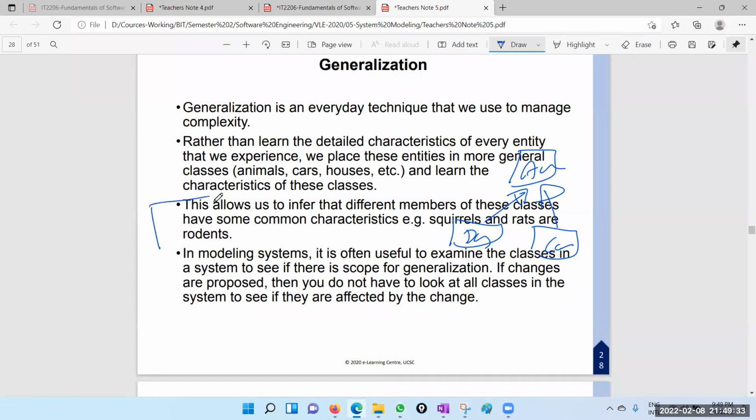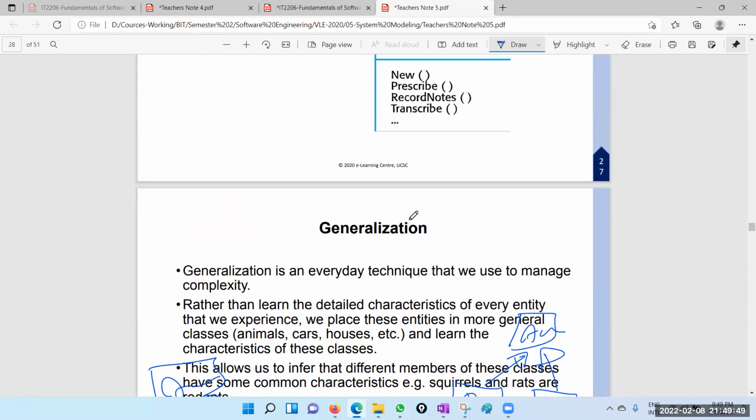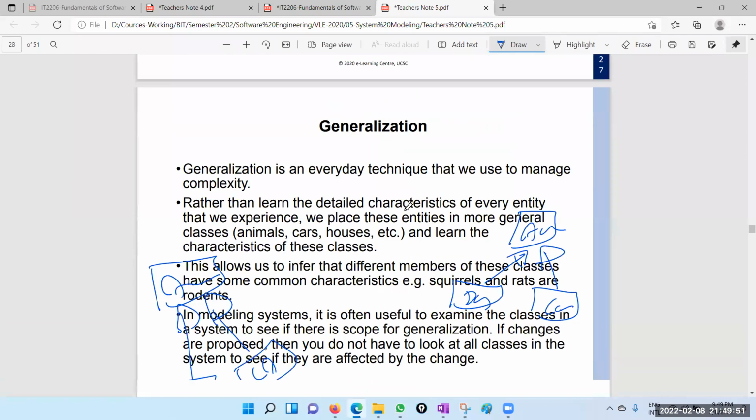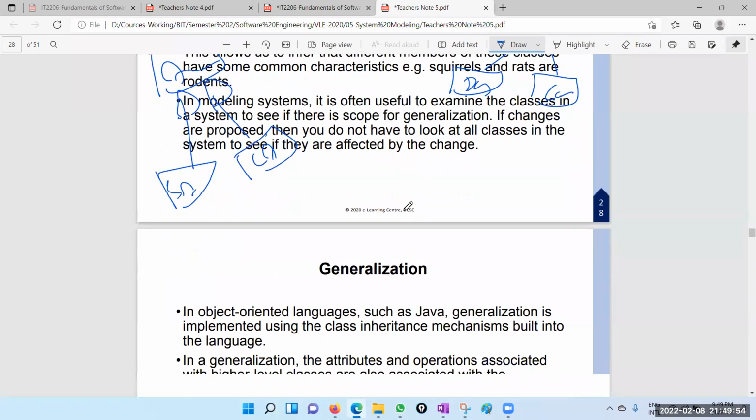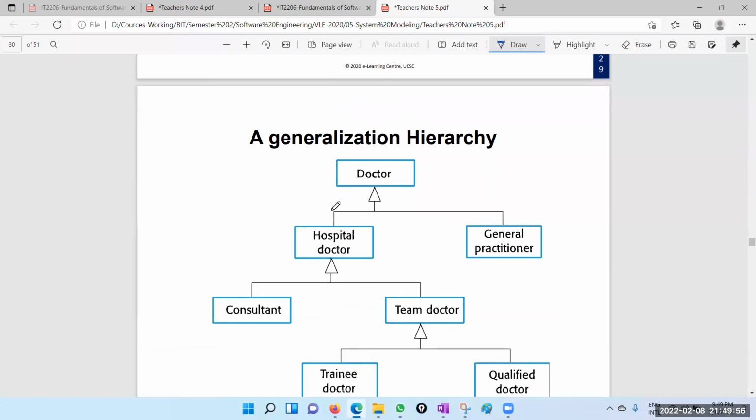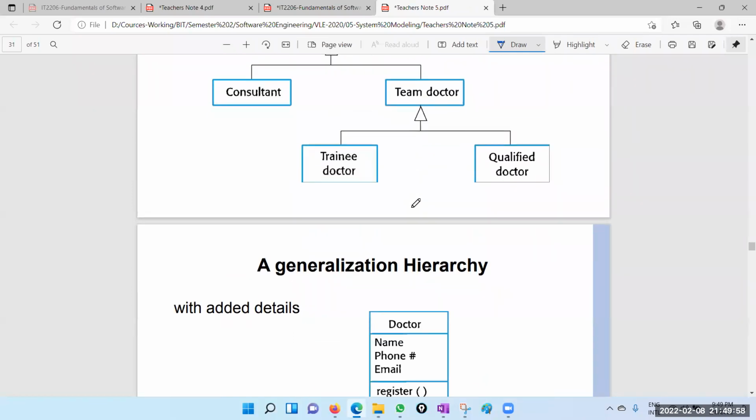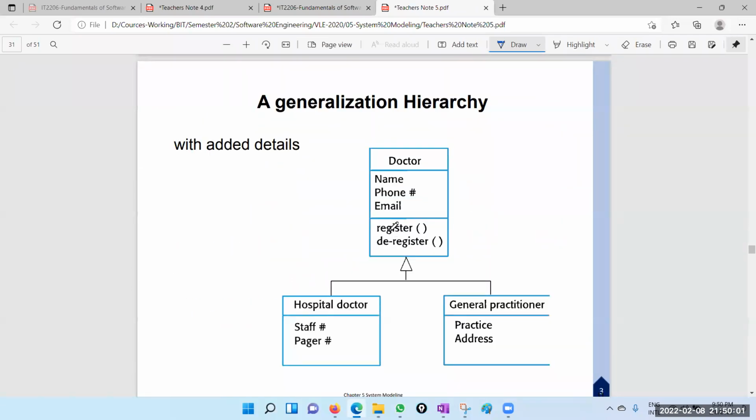Similarly, if you have account, say savings account and current account, they are specializations of account, and account is a generalization. It's also a structural aspect. In class diagrams, we show not only association, we show inheritance or generalization. It's basically the inheritance that you learned in your semester 1 programming.